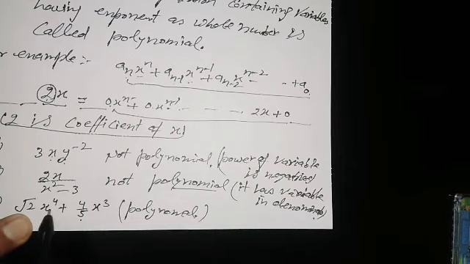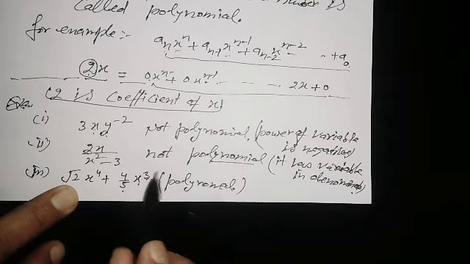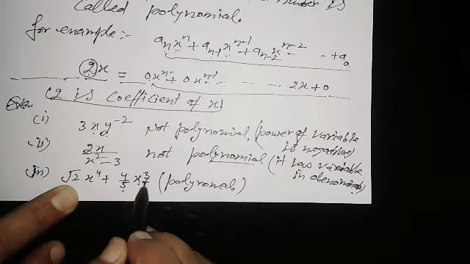We have just put our mind on the exponent of variable, on the power of variable. So this power must be a positive integer including 0.